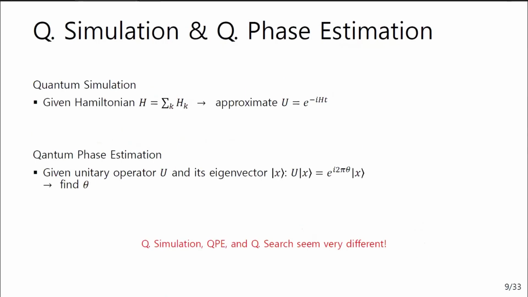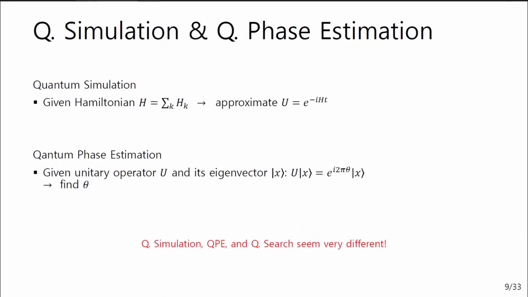Then quantum simulation. If a Hamiltonian H is given, the Hamiltonian simulation algorithm makes a unitary operator which is sufficiently close to exponential of minus iHt. Quantum phase estimation is the last example, but not least.